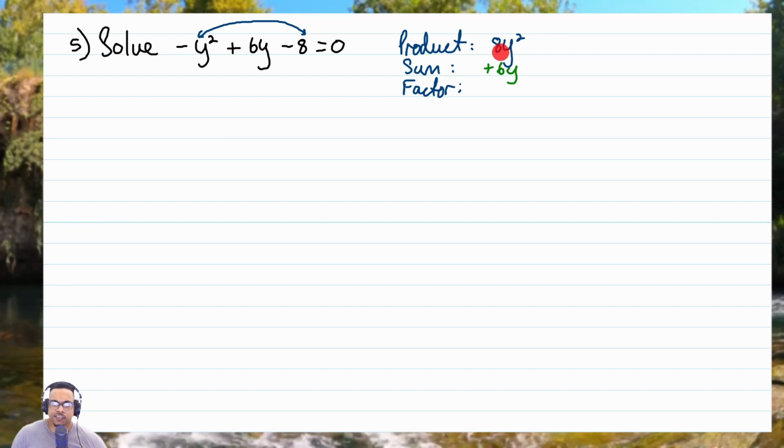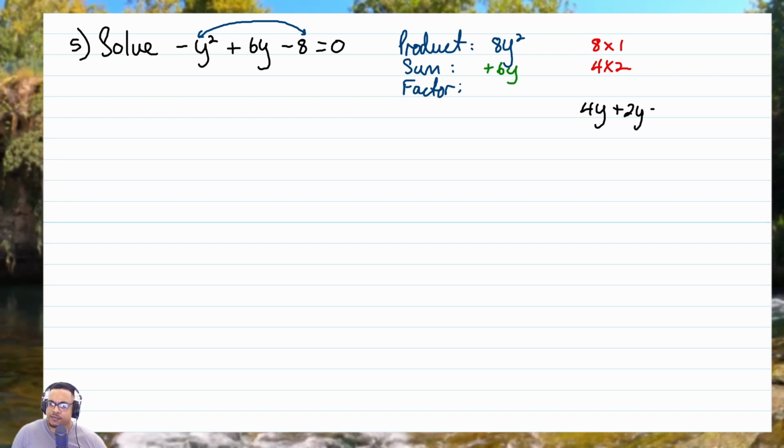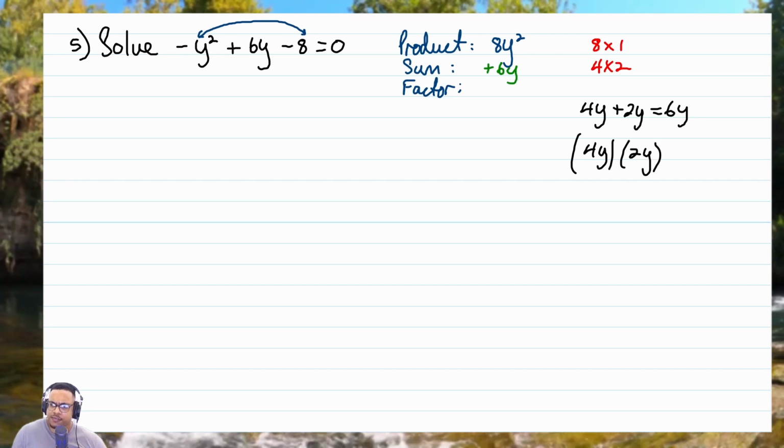And my factors of 8 are 8 by 1, 4 by 2. Now I'm looking to see which one of these, when I add or subtract, I'll get the sum. So it's obvious that 4 and 2 will give 6 by saying 4 plus 2. So 4y plus 2y would give 6y. And 4y multiplied by 2y would give 8y squared.